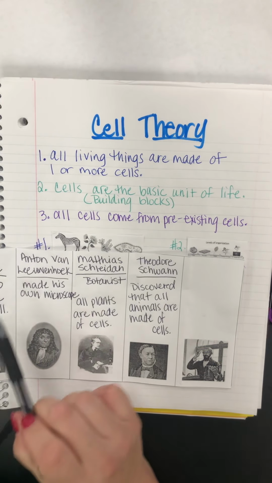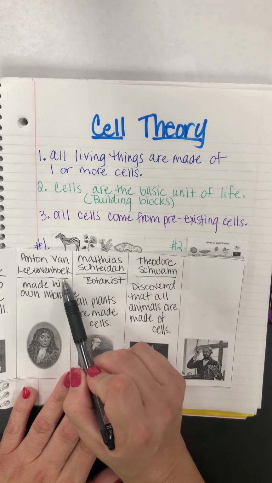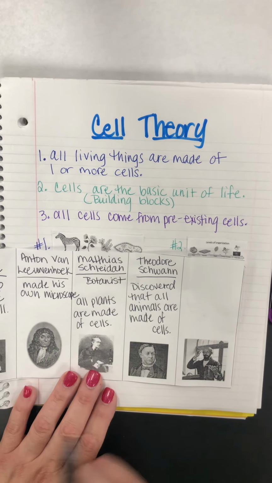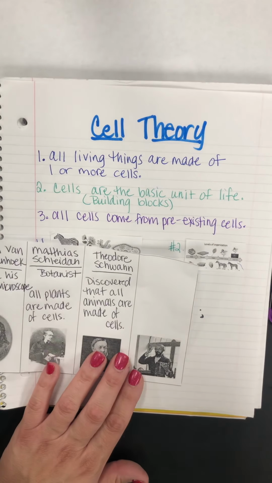Okay, so at this time you should have a column for Robert Hooke. He's in the first column. Then Anton van Leeuwenhoek, Matthias Schleiden, and now Theodor Schwann. Moving on to the last scientist, and that would be Rudolf Virchow.